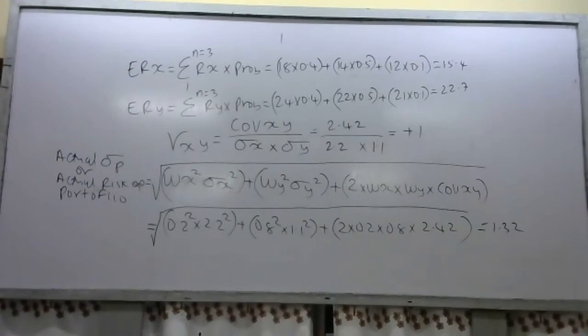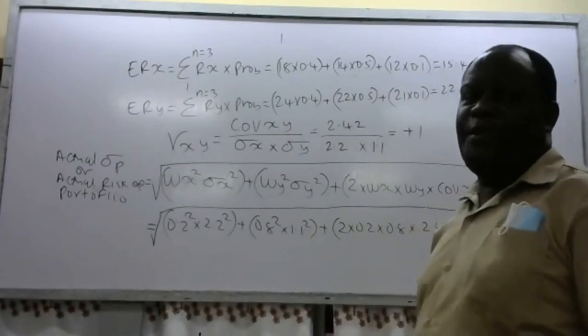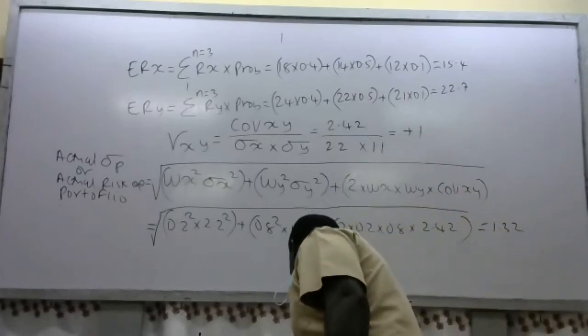When the correlation coefficient is positive 1, the weighted and the actual are always the same.